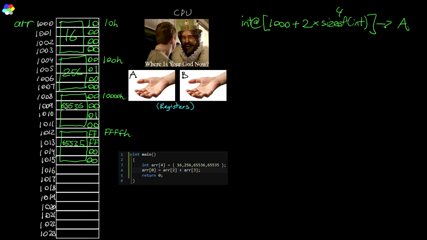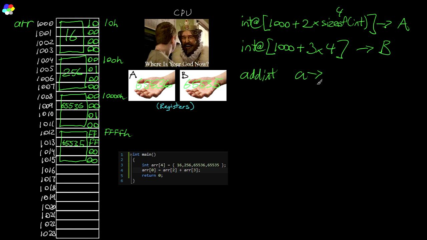That is element 2 in the array: 0, 1, 2. And again, it's going to do the same for element 3, which will look something like this. So when they're executed, they'll put these numbers in the registers. Then again, you're going to do integer add A to B.